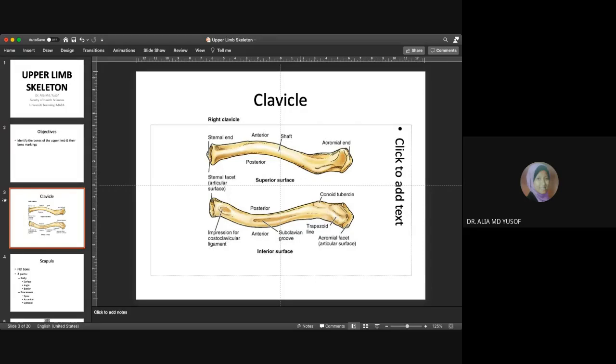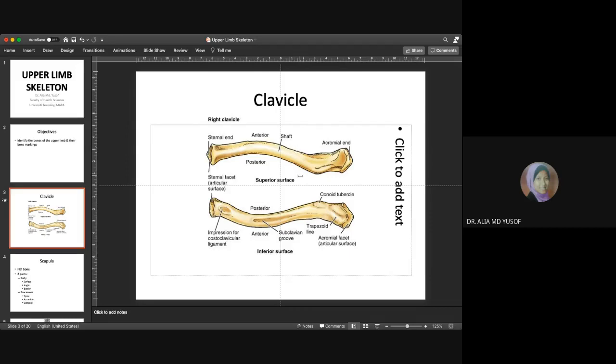The weak point is at the junction of medial 2/3 and lateral 1/3. Because there is a change in the morphology ataupun microscopic structure from tubular or compact bone into cancellous ataupun flat bone. So kat situ ada pertukaran structure dari segi histologi daripada sel dan tisu.